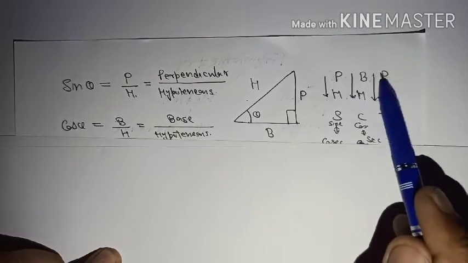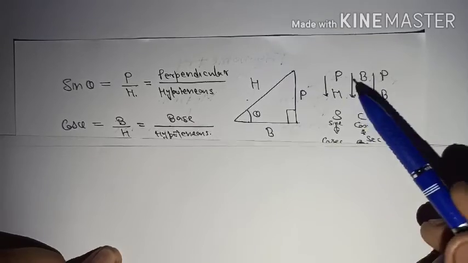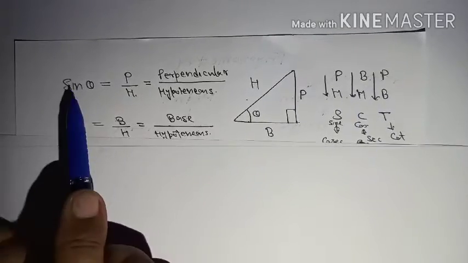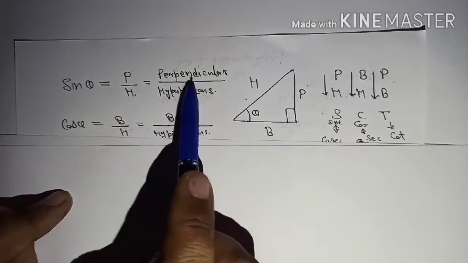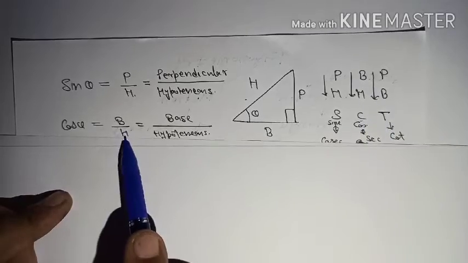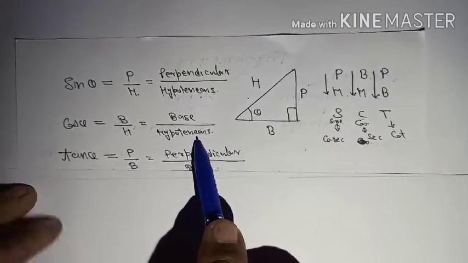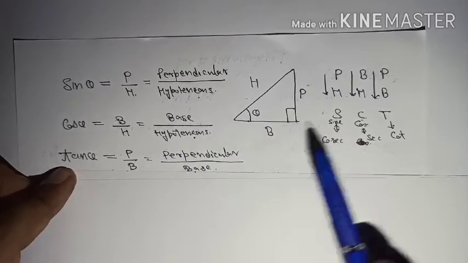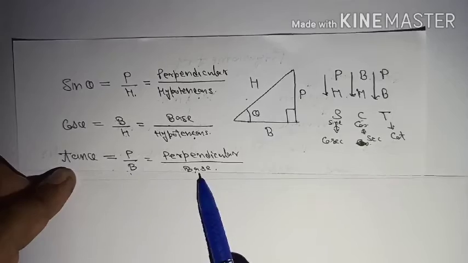Now, Pandit Badri Prasad har har bole, sona chandi tole. So P upon H: the value of sine theta will be P upon H, that is perpendicular over hypotenuse. That of cos theta is B upon H, base over hypotenuse. Then tan theta means P upon B, that is perpendicular over base.